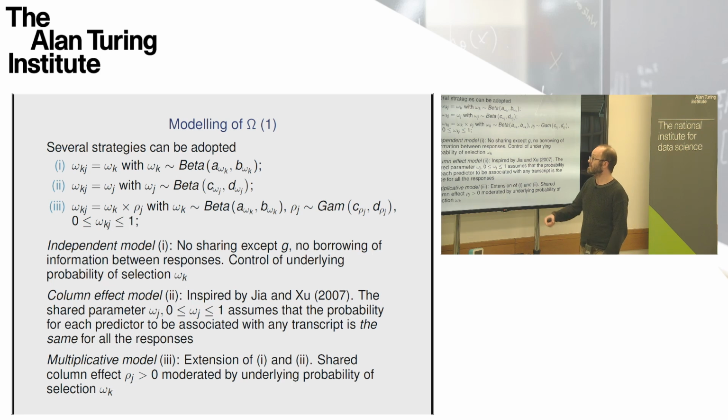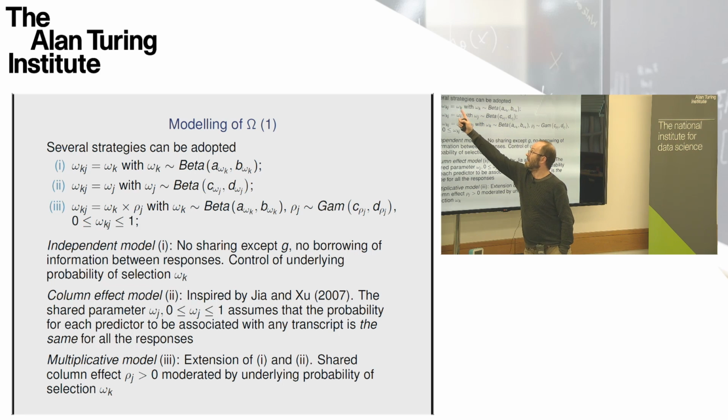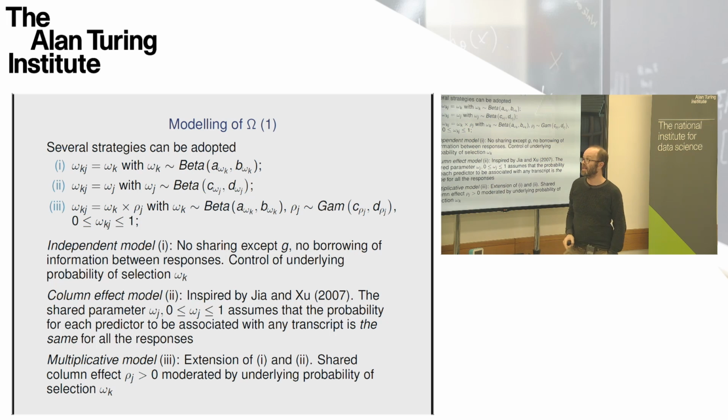The second one says the other way around: the probability of association is provided just by the DNA location. So here this joint probability is influenced just by the transcript, and here it is influenced just by your DNA at the position j. So what we have done is extend these 2 models, saying that the probability kj can be factorized into 2 parts. One is the probability to observe a 1 for each transcript, multiplied by a factor rho j.